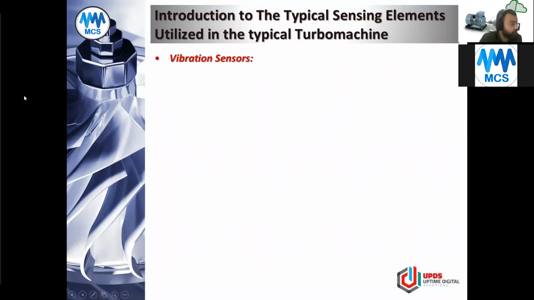Let's now introduce the sensing elements. I used to call the sensor a sensing element, rather than a vibration sensor or temperature sensor and so on. Why? Because at the end, you design a small asset serving another purpose, which is sensing something you would like to target or know what the output of this monitoring part is.